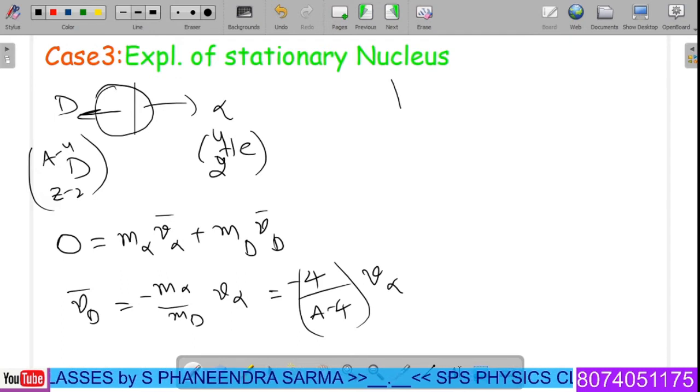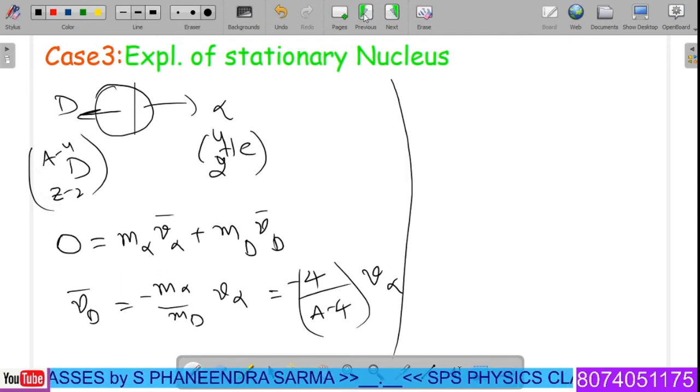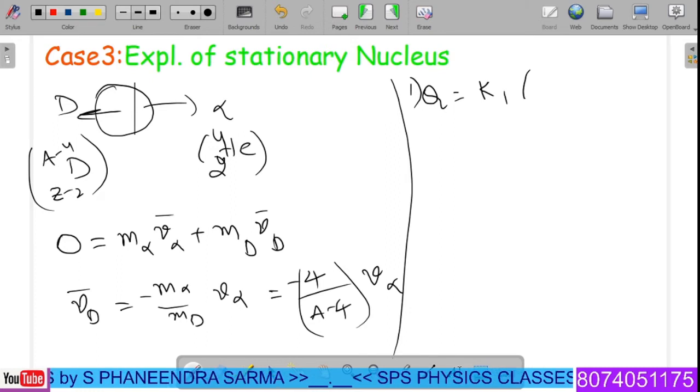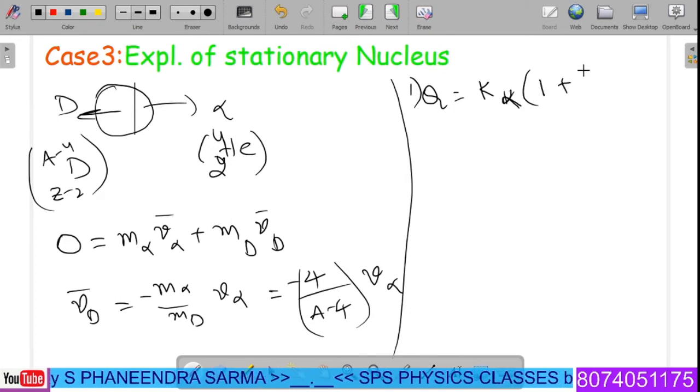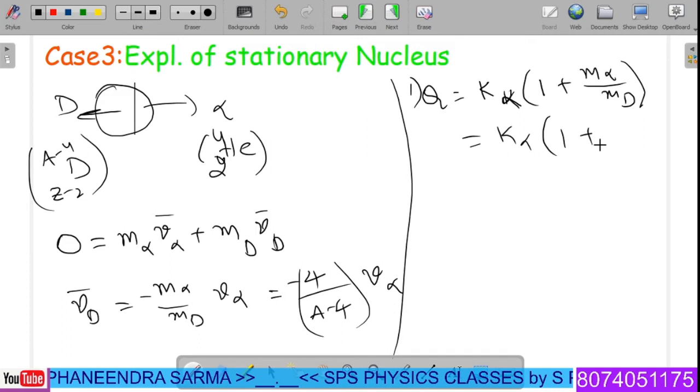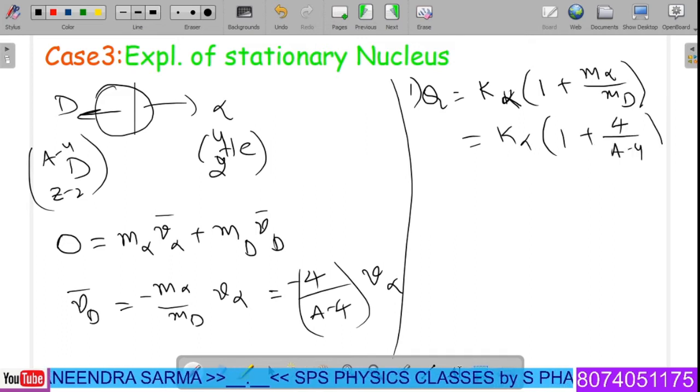Now the same formulas from the previous step are applicable here. What is the explosion energy? They can ask. Explosion energy Q is equal to the kinetic energy of the alpha particle into 1 plus mass of alpha particle by mass of daughter nucleus. We can write K alpha into 1 plus 4 by A minus 4, since the mass of the alpha particle is 4 and the mass of the daughter nucleus is A minus 4.